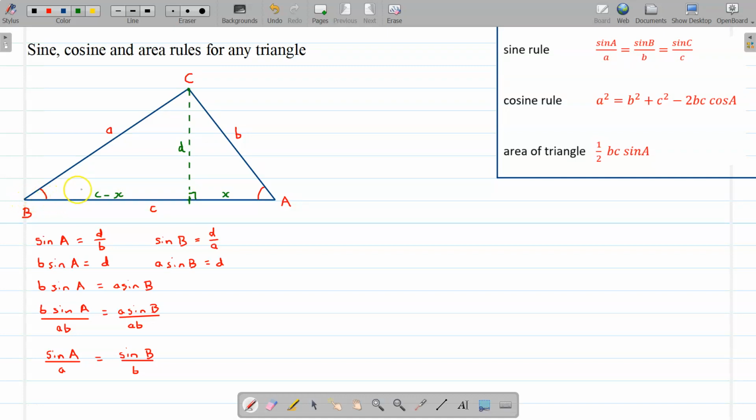Now I'm going to use Pythagoras' theorem. I've done the sine rule in red, I'll do the cosine rule in blue, and I'll do it over here. So for the cosine rule, I can say that d squared must be equal to a squared minus c minus x squared.